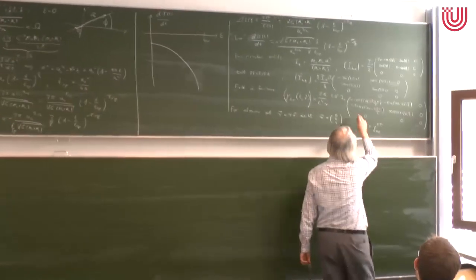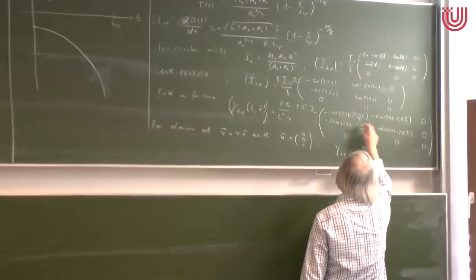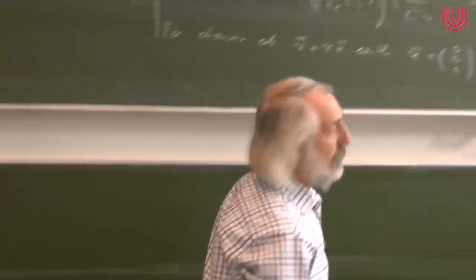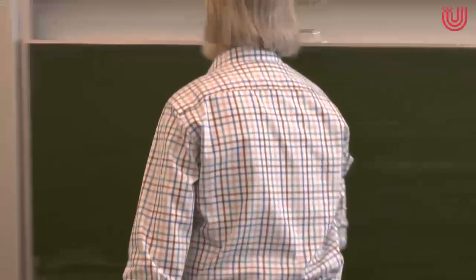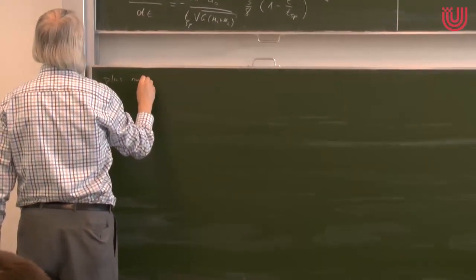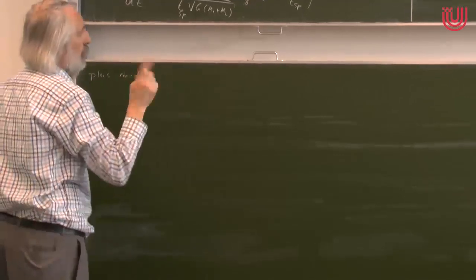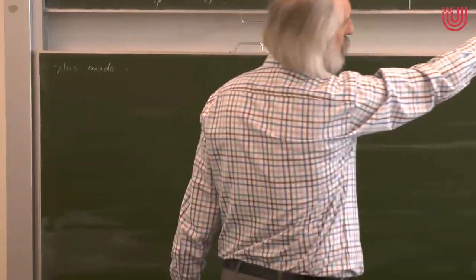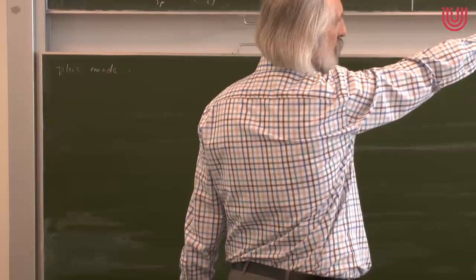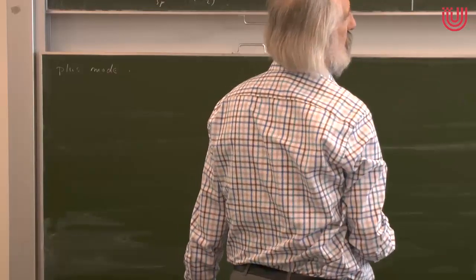And here in the 1, 2 component and the 2, 1 component, we have the sine terms. This is what gives us a cross mode. So we have a plus mode. We can read it directly from this expression, but only for the observer at this particular position. We can apply this formula directly only for this particular case.